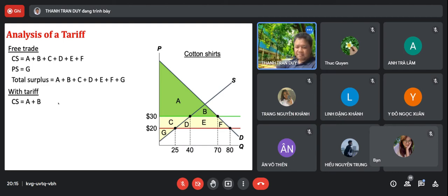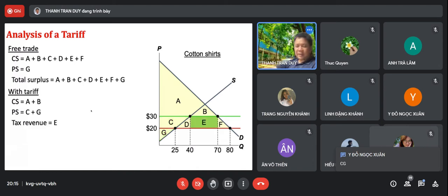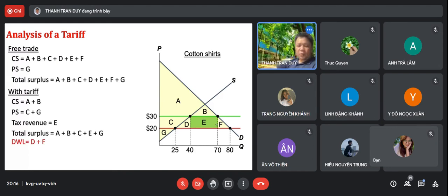C. The tax will be this one, E. And total surplus will be A, B, C, E. And we raise the question: who gets D and F? D and F become the deadweight loss.